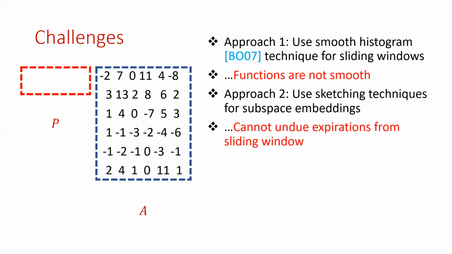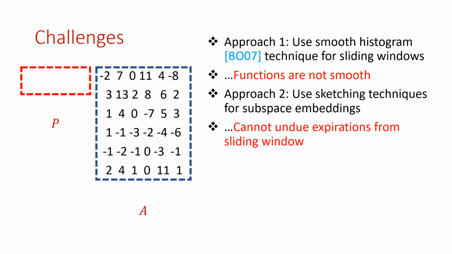Another challenge is that a lot of these problems in the streaming model or the offline model use sketching techniques. But this is an approach that is challenging for the sliding window model because we cannot undo expirations that are implicit.